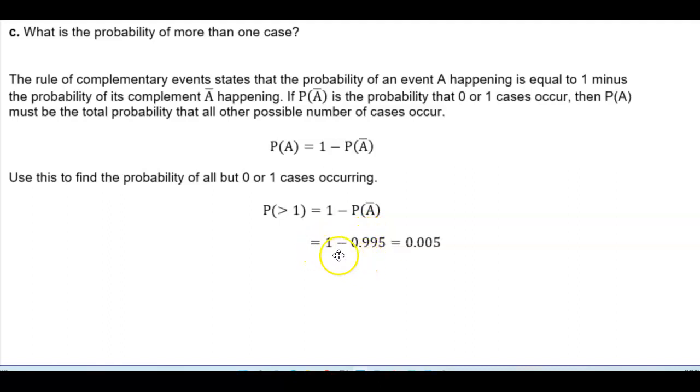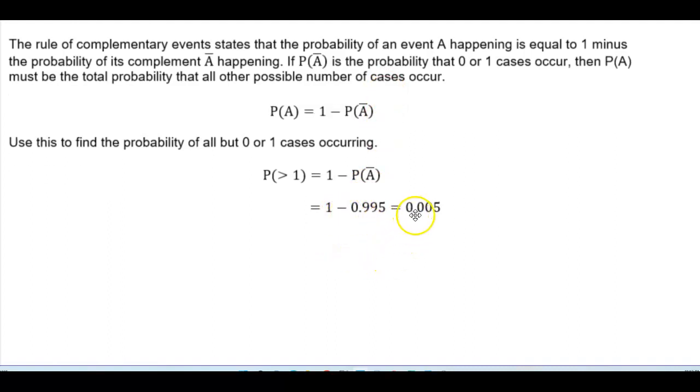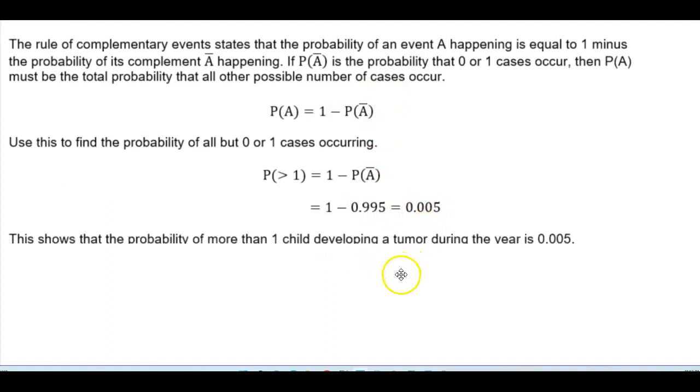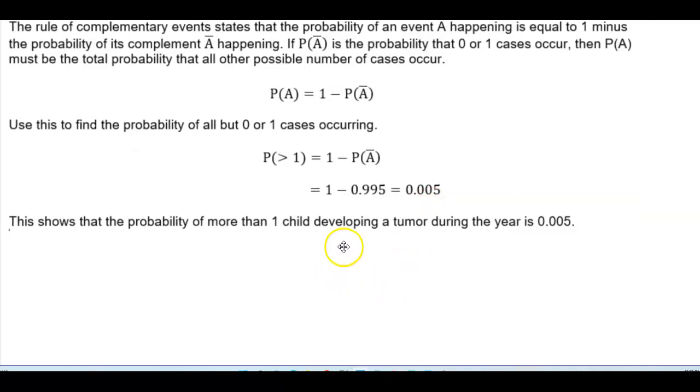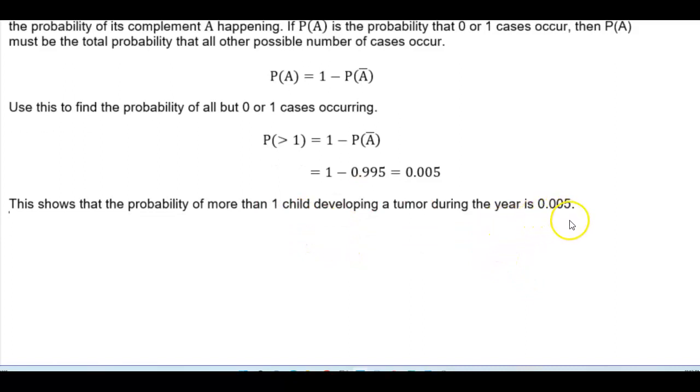So we take 1 and subtract 0.995, which is the probability that we found in Part B. And 1 minus 0.995 gives us 0.005. And therefore this shows the probability of more than 1 child developing a tumor during the year is 0.005.